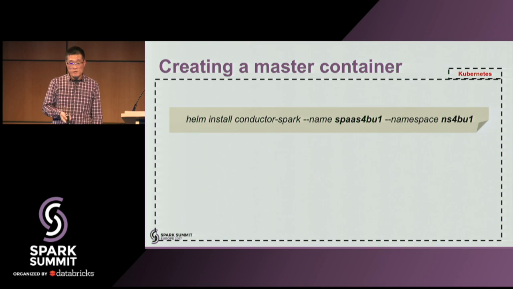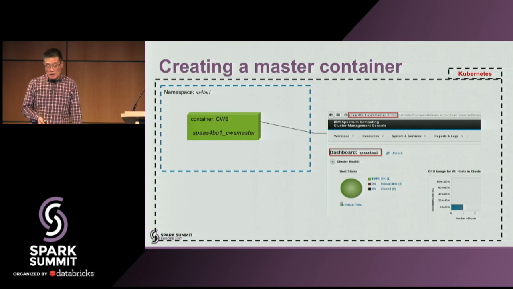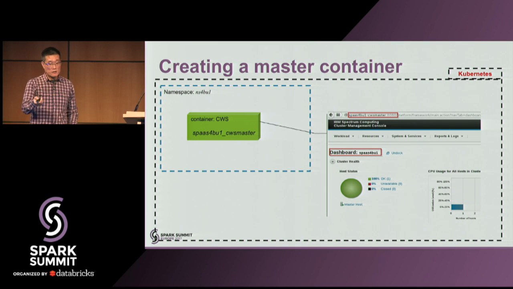The namespace can actually be created at two layers. One layer is the entire domain CWS layer, or it could be the tenant layer. After you submit that command to Kubernetes, you get a new namespace.